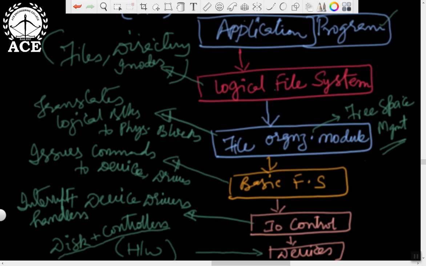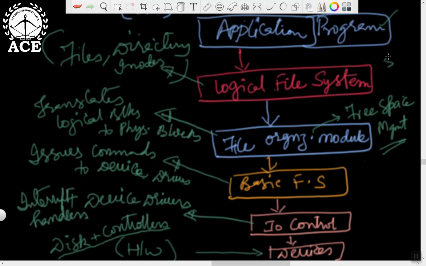File organization module will convert logical blocks to physical blocks. Physical blocks are given as input to basic file system. Basic file system will select the appropriate device driver and issue the commands for reading and writing those blocks. So that will go to the device driver. Device driver will prepare the disk mechanism to carry out the read and write operation, and then the data will get flushed from disk into main memory through DMA operation. That is what the layered file system is.